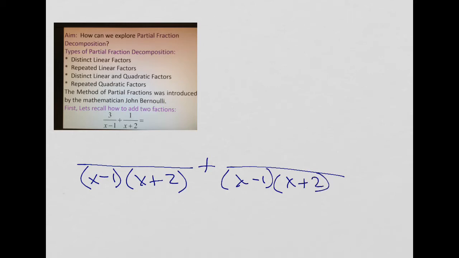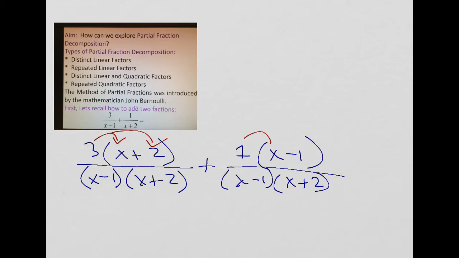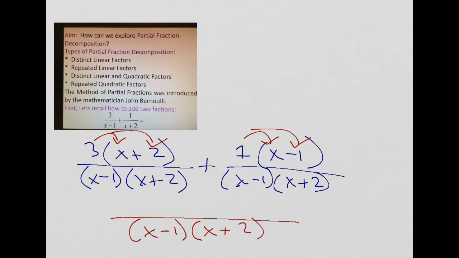So that means that our numerators must be multiplied by the other factor. And now we can distribute and add up our numerators because we have a common denominator of the quantity of x minus 1 times the quantity of x plus 2.